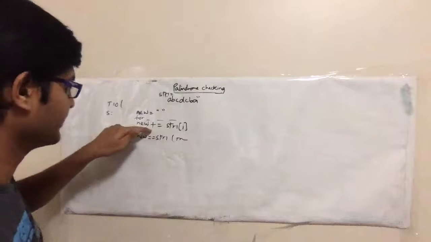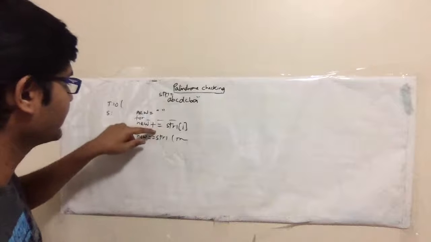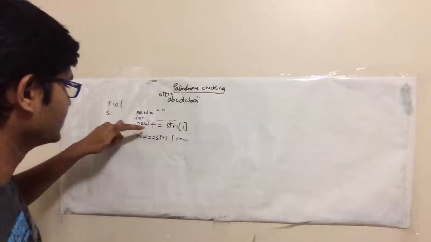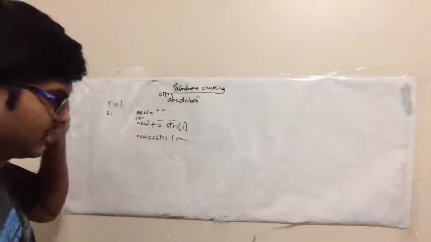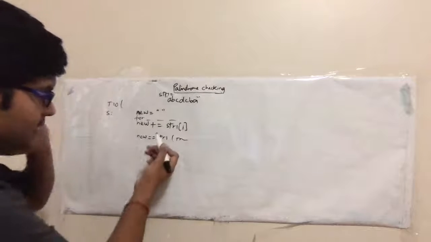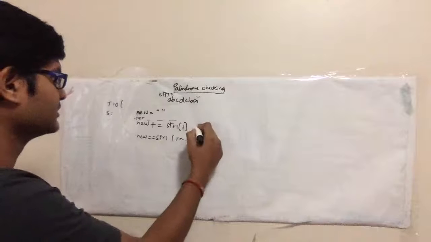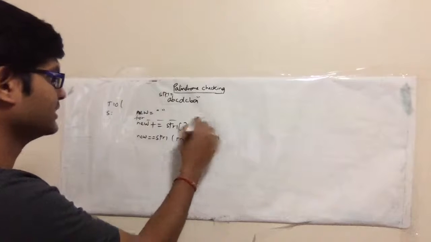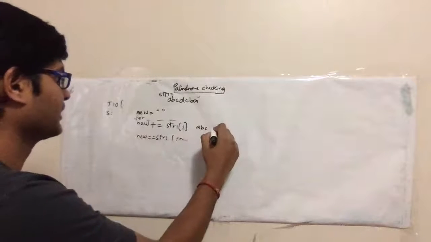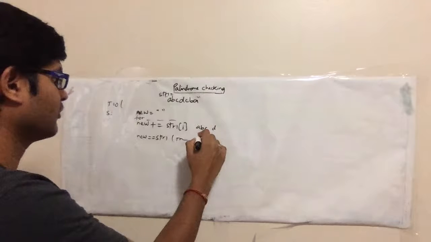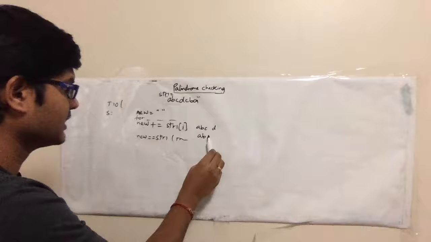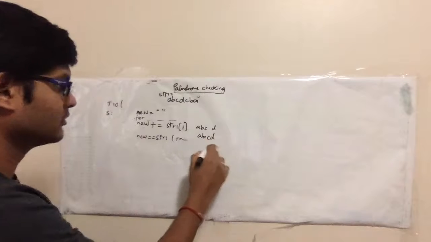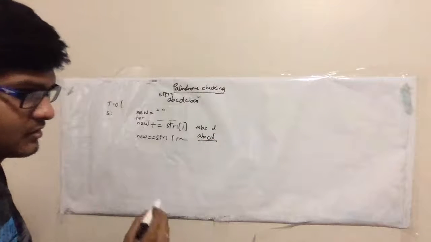And what is happening here is every time you are concatenating a new character to the already existing string. For example, if ABC is already in the new string and D is being added, it will go through A, B, C, and finally add D. So that is an iteration.